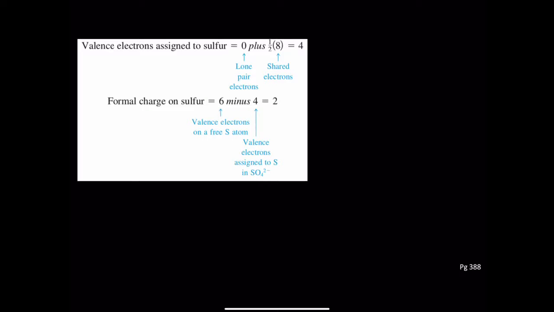So here's how you can look at that. We've got 0 lone pair electrons plus 1/2 times 8 shared electrons. Then the formal charge on sulfur, because it has 6 electrons as a free atom, you take away 4 of those electrons and you have a formal charge of +2.